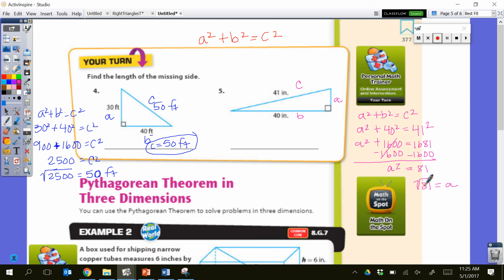And so what times itself equals 81? And that's just from memory that I know that 9 times 9 is 81. So my answer is 9 equals a. And then I need to make sure I put my units back in there. So a equals 9 inches.